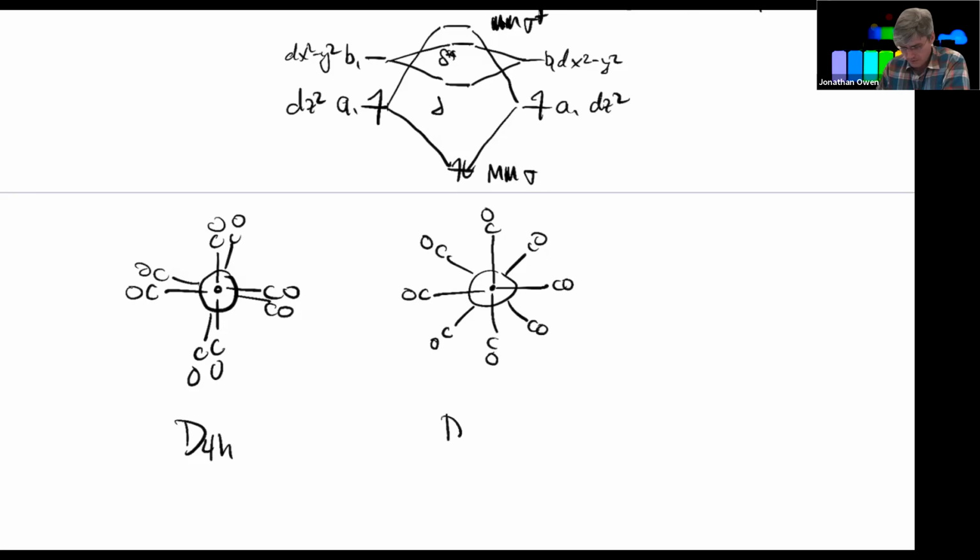This one is D4D. And both of them can make delta bonds, actually, because there's also the XY orbital, which is in the same plane as the x squared minus y squared. And you can have a donor-acceptor kind of interaction in this geometry when you orient it that way. And so I think that this is the ground state structure.